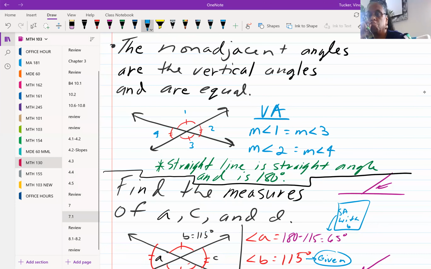Well, 1 and 3 will be equal. 2 and 4 will be equal. Now, it's not always going to be the same. It's not like 1 and 3 are always going to be 40 or something like that. But if you know 1, then you know 3, and then we'll see how we can figure out 2 and 4 as well. All you need to know is one of these angles, and you can figure out the other 3 angles.